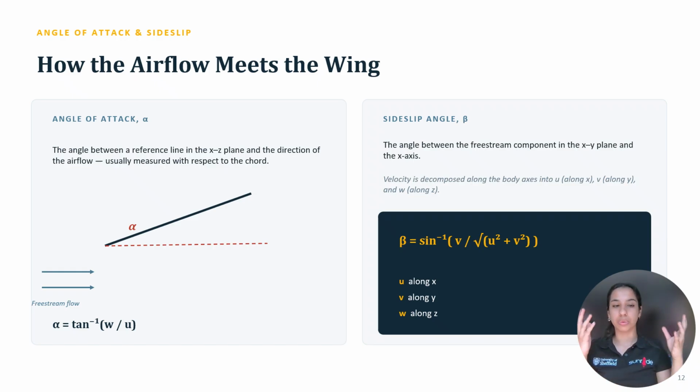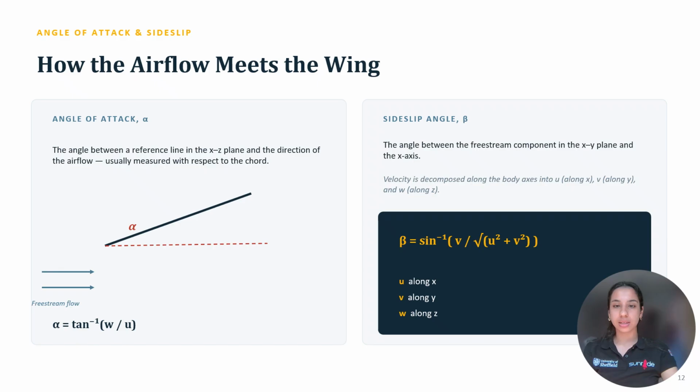Remember it's in 3D, so you have to be careful. You have to use a lot of trig to find w and u. And then you've got the sideslip angle. This is different, and this is beta: the angle between the free stream components in the xy plane and the x-axis.